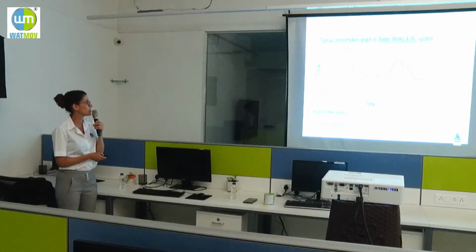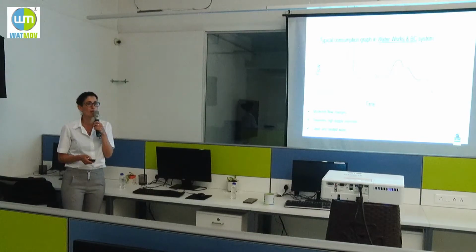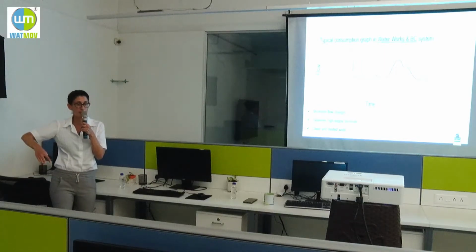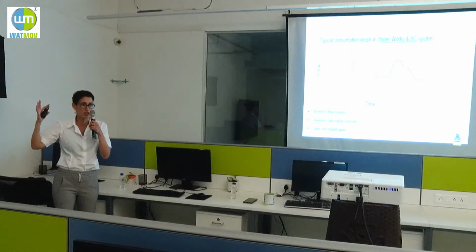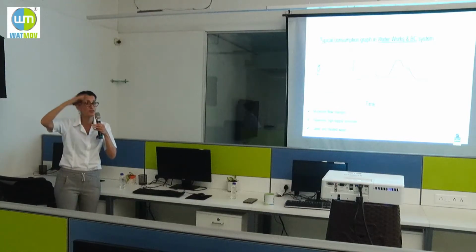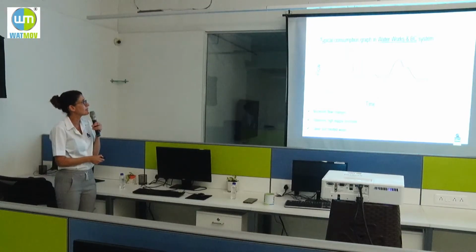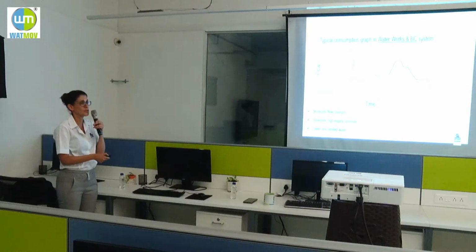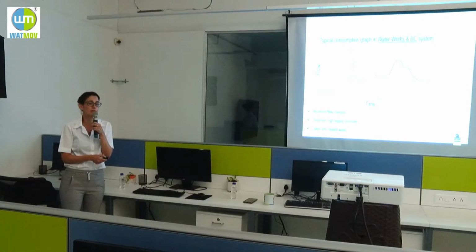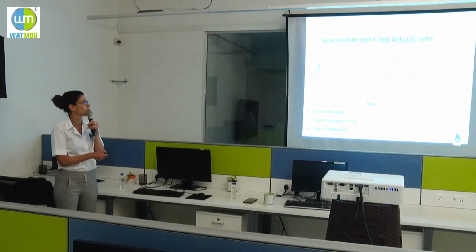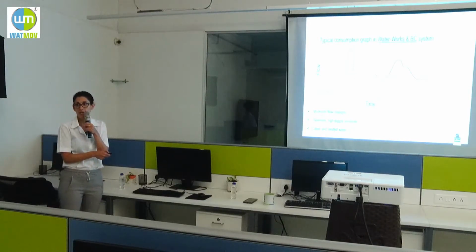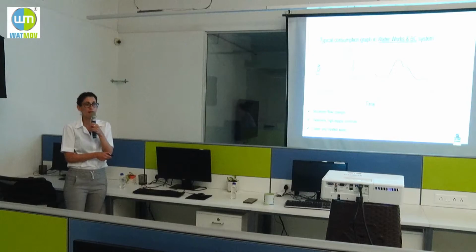I put this graph because it shows typical consumption in a municipality. It's very different in irrigation. In irrigation, you will see steps, very dramatic changes, because you have a big shift and a small shift, and it's opening and closing. When we talk about the municipality, it's changing throughout the day, and we can even anticipate the peaks of demand in the morning and in the evening, and the decrease of flow at night.